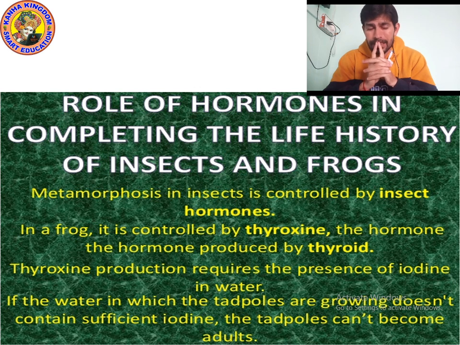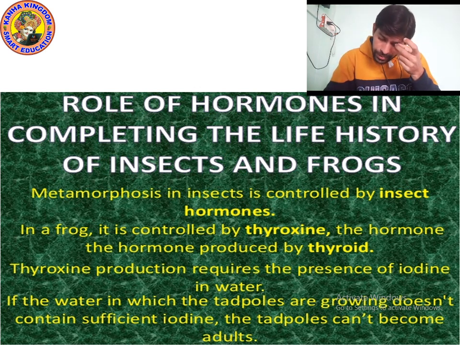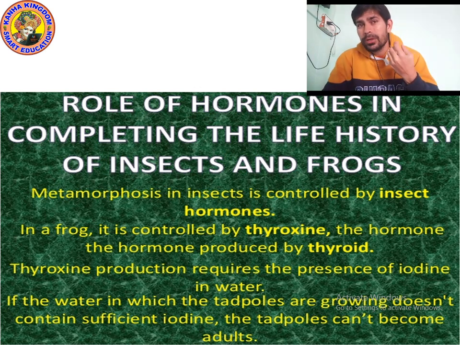Remember, kids, for the production of thyroxine, iodine is required. That's why we should eat iodized salt. If the water in which the tadpoles are growing doesn't contain sufficient iodine, the tadpole can't become an adult.